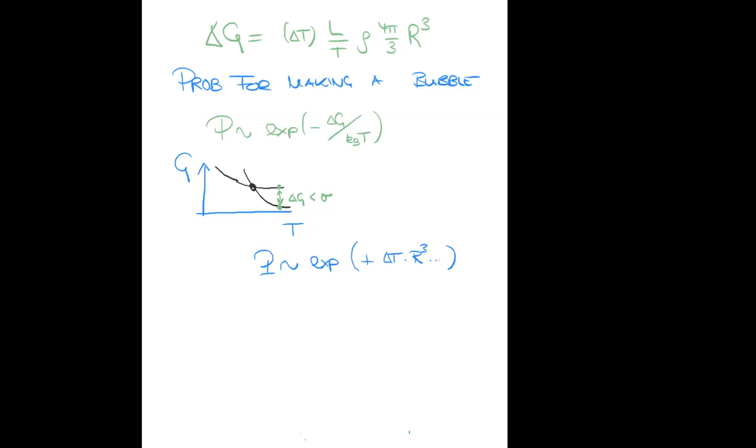But empirically that's not quite how it happens. You can actually superheat the liquid a little bit, if you do it carefully enough. So there's some mechanism that obstructs the formation of bubbles.